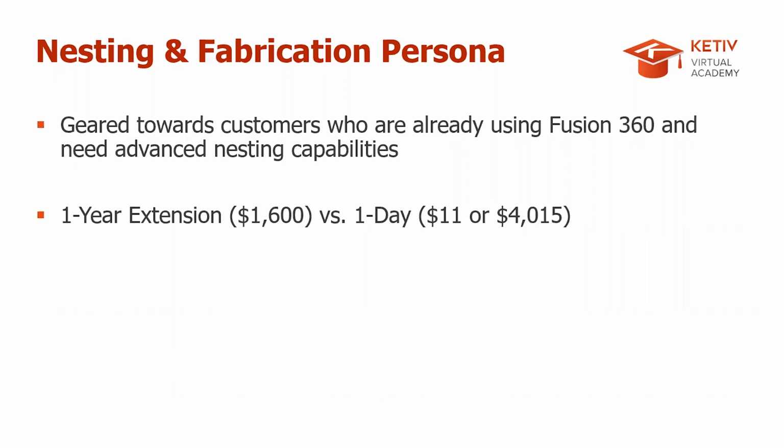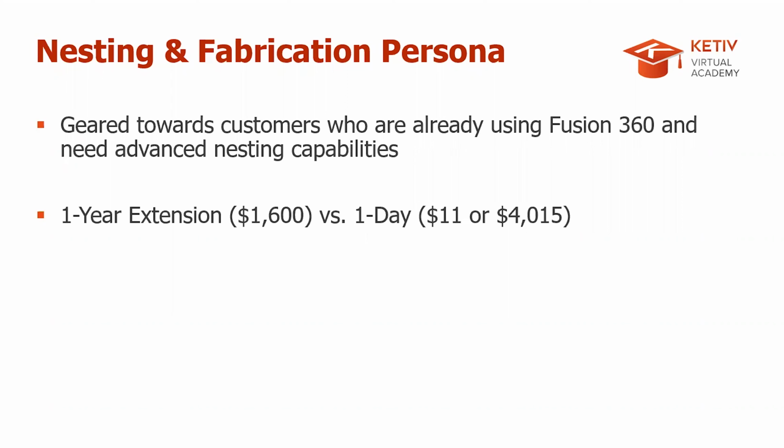And just a quick bit on pricing, just to give you a straightforward idea, a common sense purchasing option. The extension for nesting and fabrication for Fusion 360 is $1,600 in addition to your Fusion subscription if you're buying Fusion standalone. So that'd be $1,600 a year.